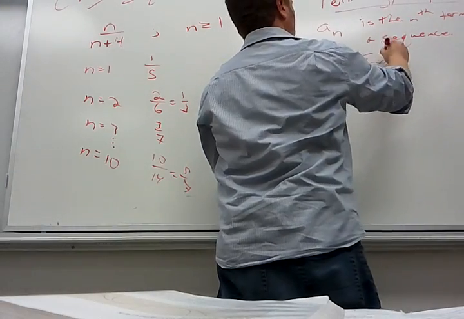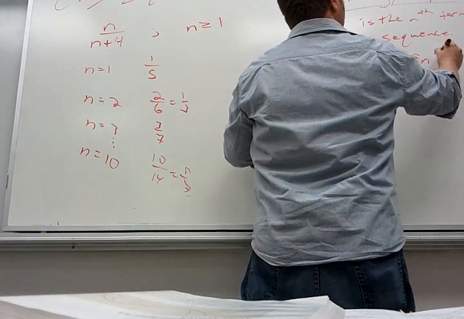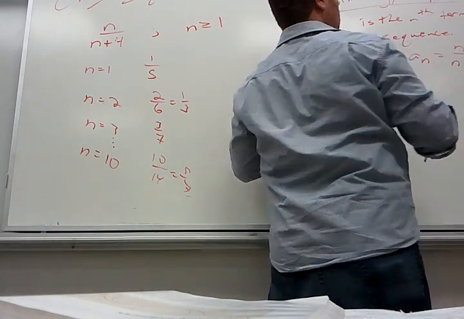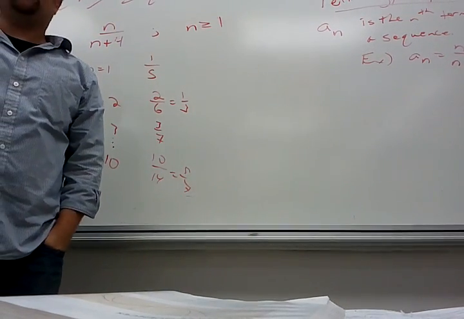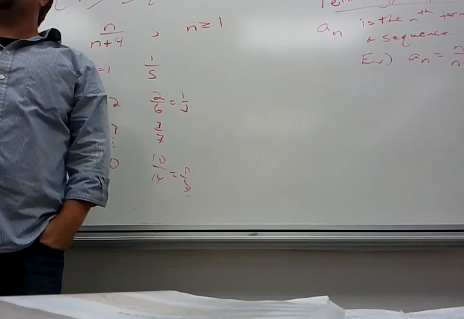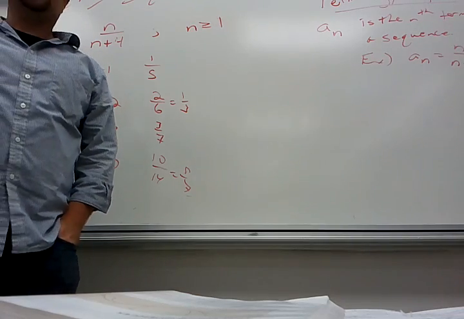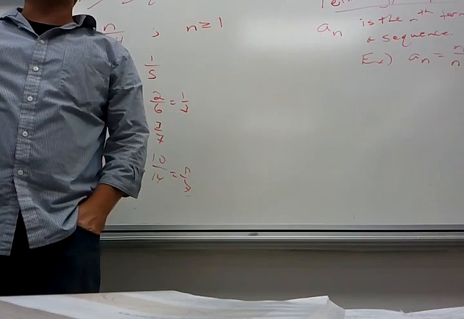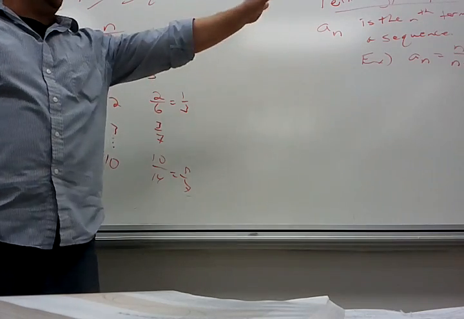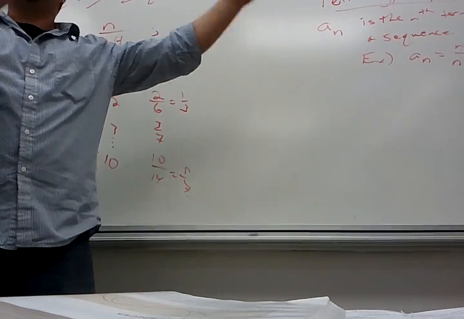So for example, I could have written this as AN equals n over n plus 4. Now that's a little lacking, because where does n start? It doesn't always start at 1. Normally it starts at 0 or 1, but it could actually start wherever I want it to start. So that doesn't really give me a place to tell people where it starts, other than doing it on the side.